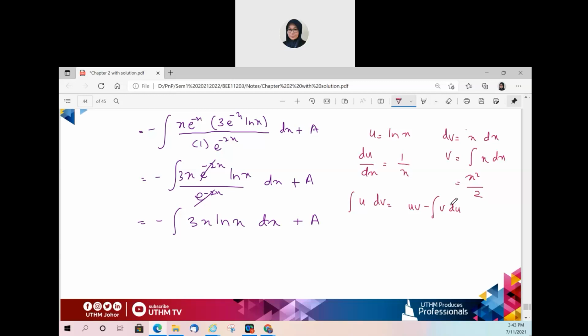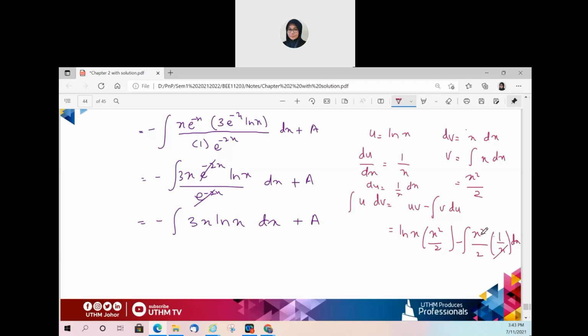Betul tak? Integration by part. Betul. So, what is u? U is ln x. V is x square over 2, minus integrate v, what is v? X square over 2. Du is 1 over x dx. Betul?